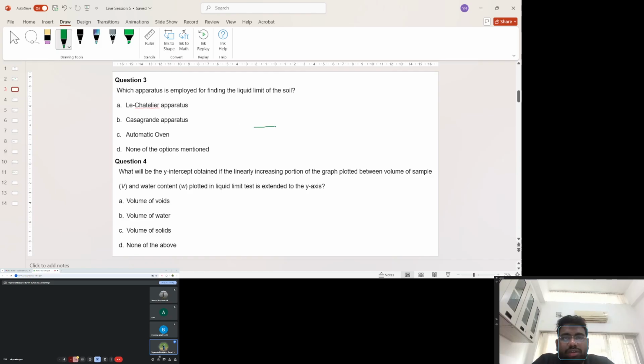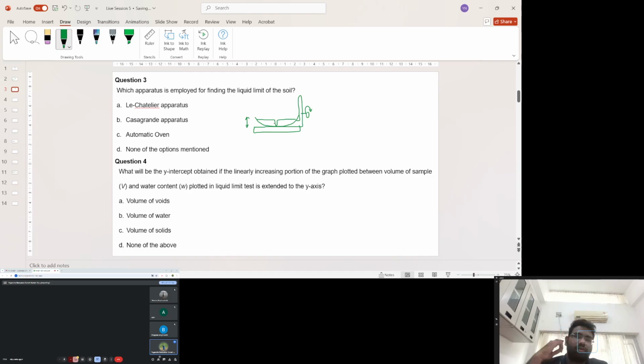It consists of a hemispherical bowl which is connected to a mechanism such that it can be rotated so that it goes up and down. It has a fall of 1 centimeter, and the soil is filled and a groove is made.